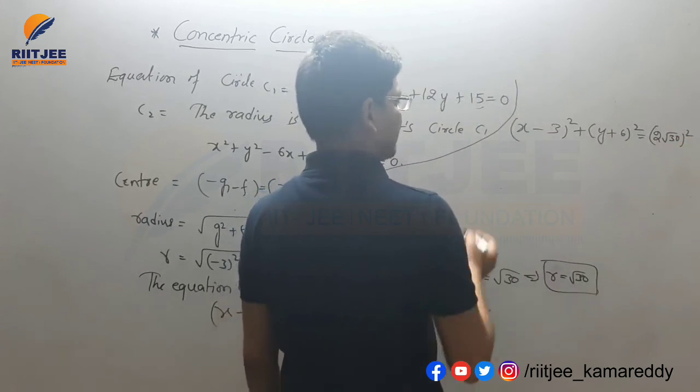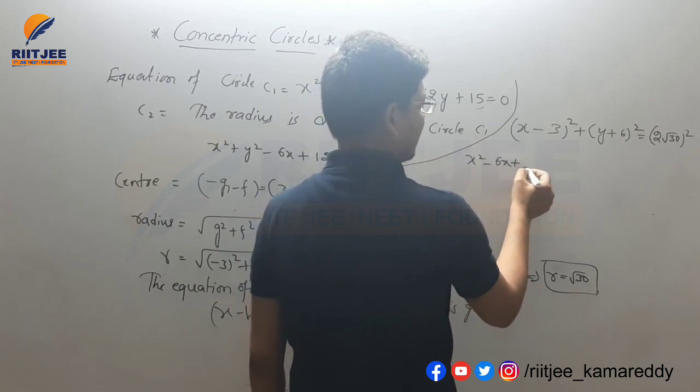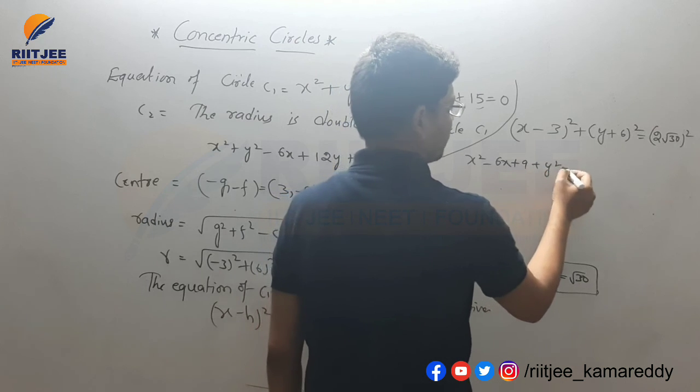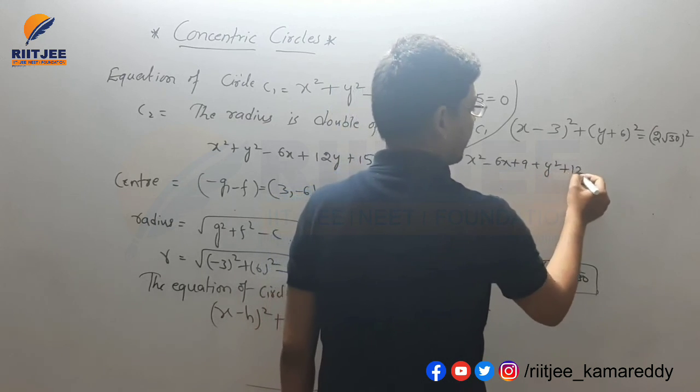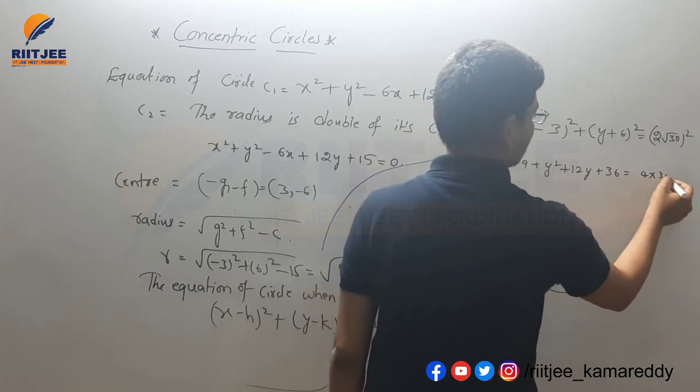Let's write the values here. x square minus 6x plus 9 plus y square plus 12y plus 36 minus 4 into 30.